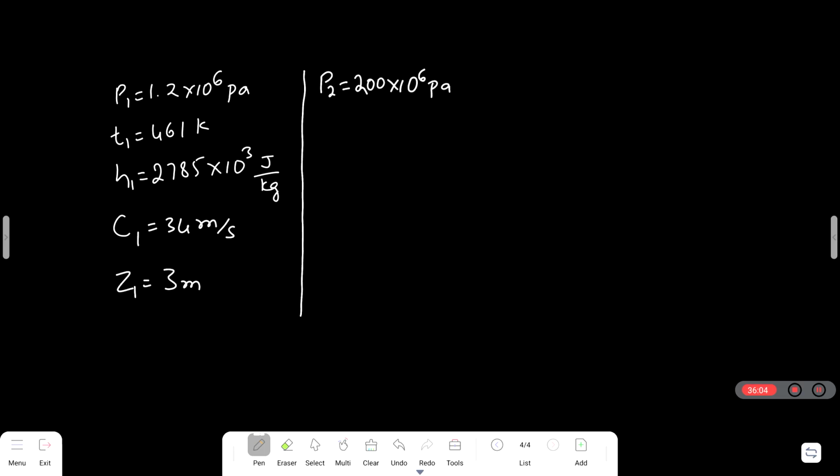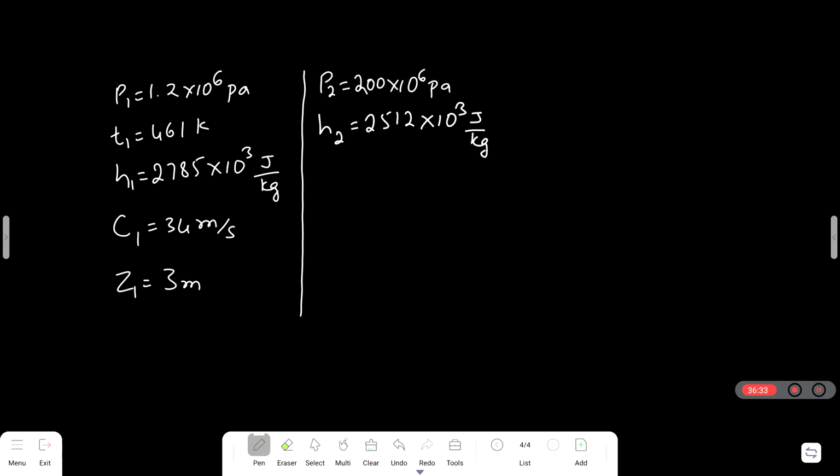Next, elevation is not given, so don't worry about that. What he has given is enthalpy H2 is 2512 joule per kg.